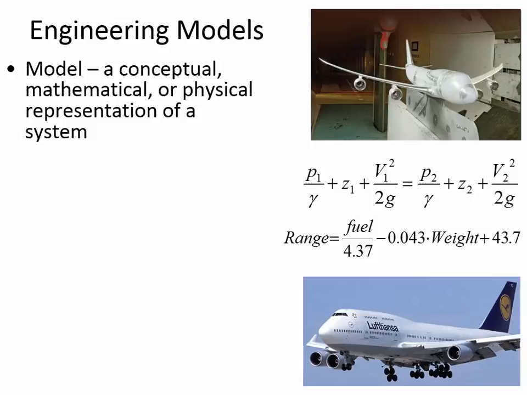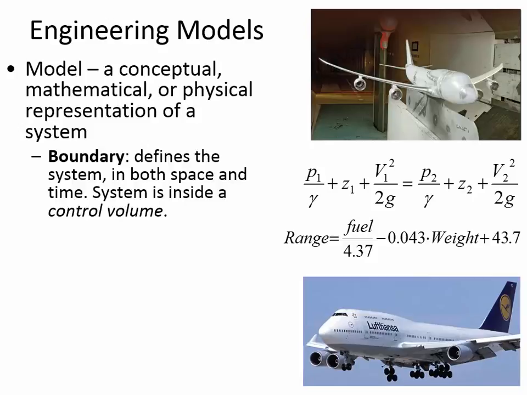And so it's a model that's just based on observation rather than based on some underlying governing principles. It's just based on lots of data that they fit a best fit curve through using Excel or something like that. And so whether you're using an empirical equation or a fundamental equation, models are a way of representing systems.